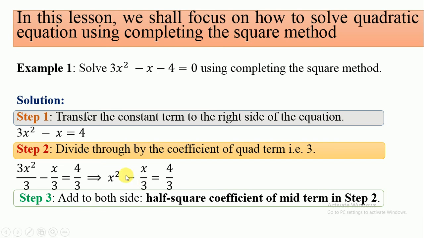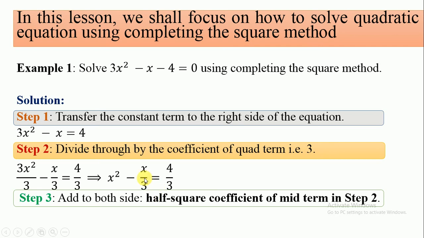So in step 2, you have x squared minus x over 3 equals to 4 over 3. So you need to know what is the coefficient of the midterm. So in this case, what we mean by the midterm here will be minus 1 over 3. This is minus x over 3, which means minus 1 over 3 times x.